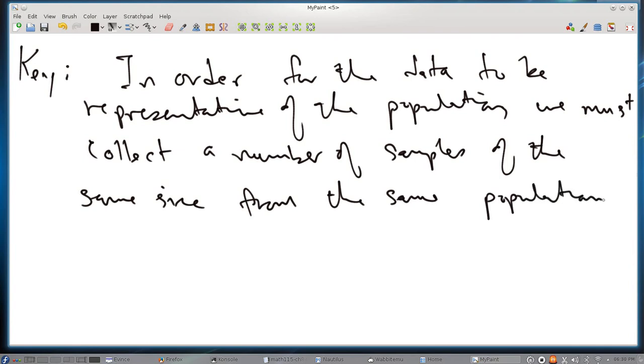So here we'll basically collect a bunch of samples with the same sample size from the same population to conduct our analysis. That's the key in a sampling distribution technique.